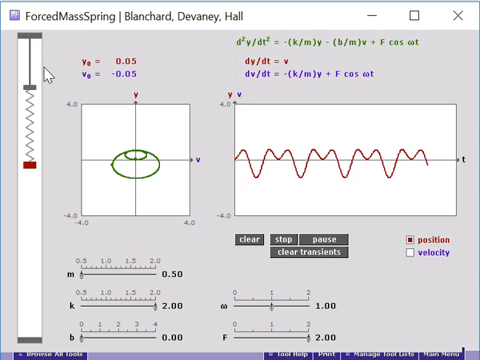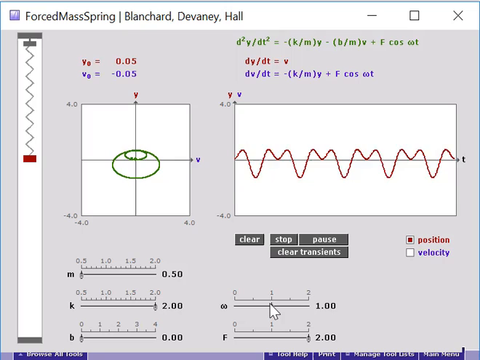Sometimes the force is working against the spring and sometimes it's working with the spring. If it pushes the spring in the same direction it wants to go, we get a larger displacement. If it's working against the spring, we get a smaller displacement. That's why you get these different peaks and valleys.